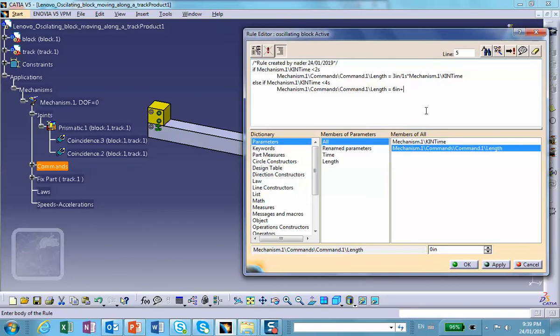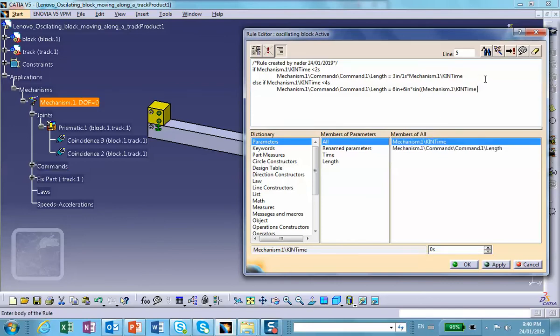So 6 inches times sine, parentheses, another parentheses, time minus 2 seconds.